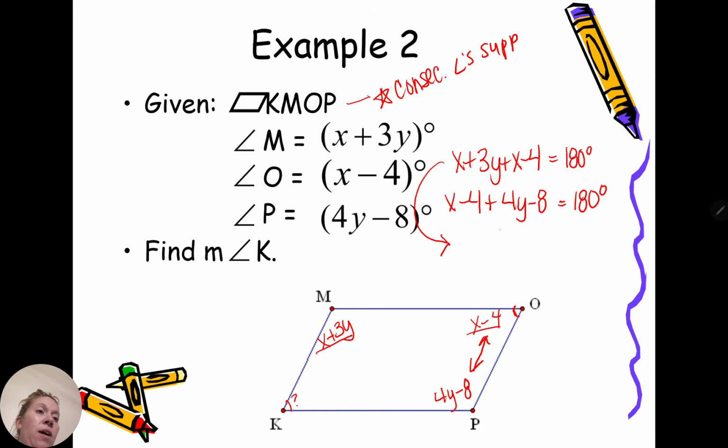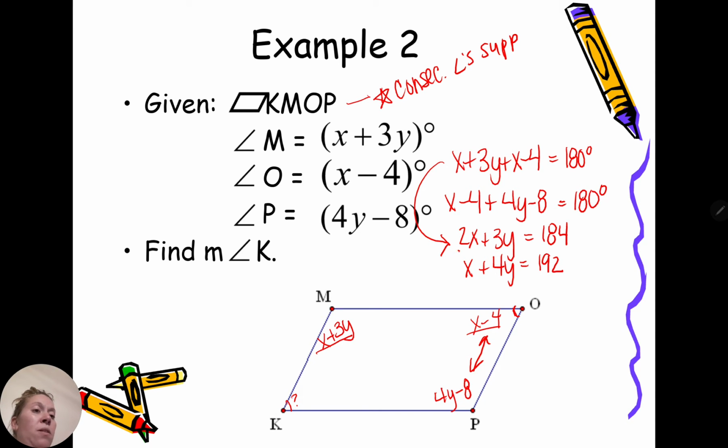Drop down here. I got x plus x, which is 2x, plus 3y. Get that 4 on the other side. I've got x plus 4y. Add 12, 192.